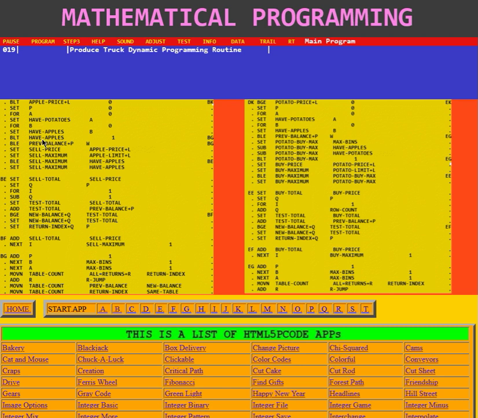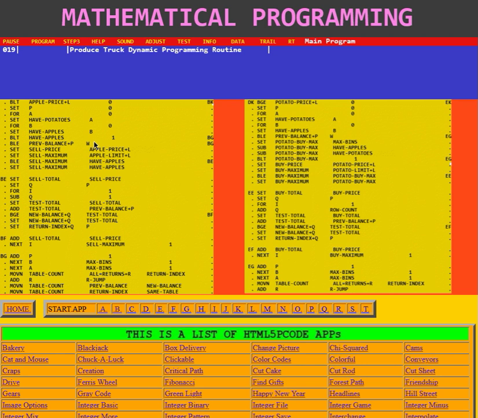Then we can say branch if the have apples is less than 1 to BG. We don't have any apples, we can't sell apples, so it goes right down here to BG, and we'll go to the next previous index or offset. It increases P. Well, if we do have some apples, we also check to see if the balance of apples is equal to W. W is the non-existent value.